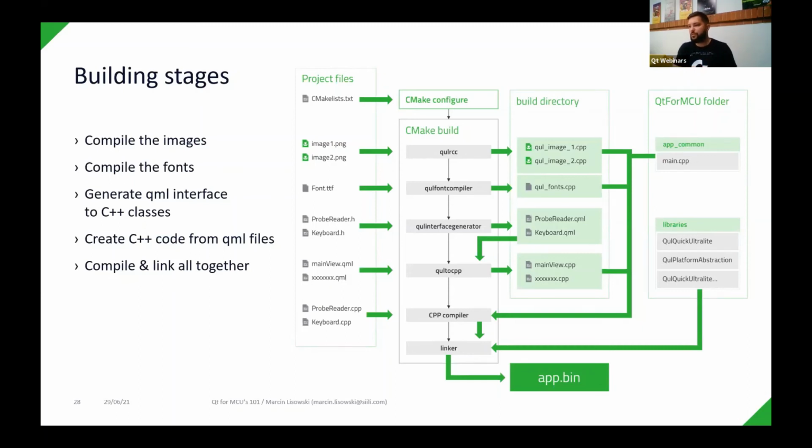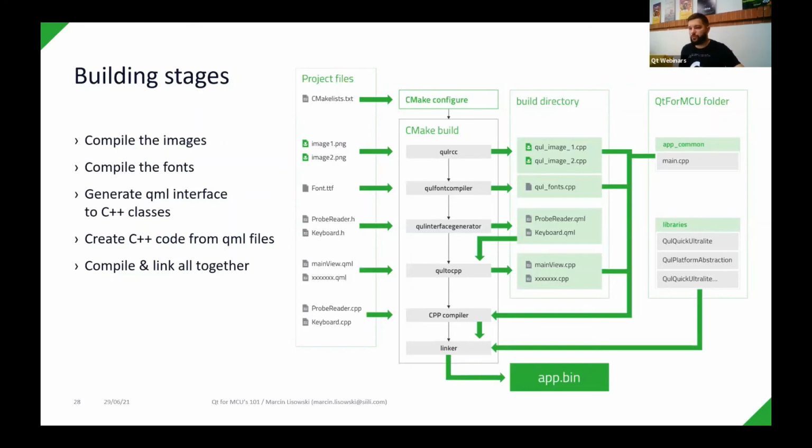The third step is to generate interfaces, and it's done by the Qt interface generator tool. It takes the C++ headers of C++ classes, and it translates those C++ classes to intermediate QML files that are then passed to the next step together with your QML files.